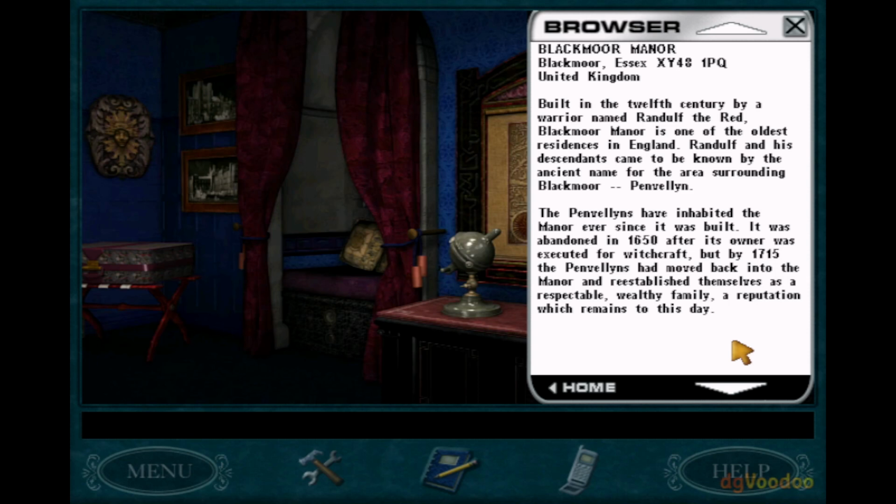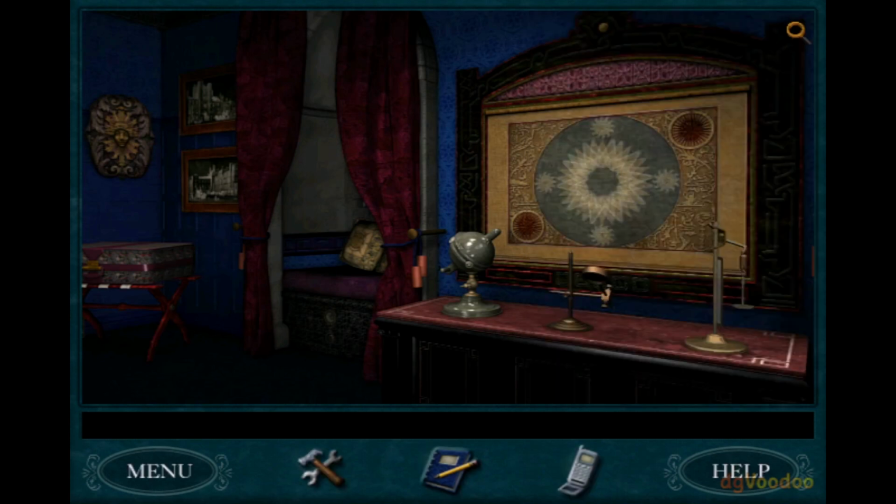It was abandoned in 1650 after its owner was executed for witchcraft, but by 1715 the Penvellans had moved back into the manor and re-established themselves as a respectable, wealthy family, a reputation which remains to this day. Nothing further. Okay.